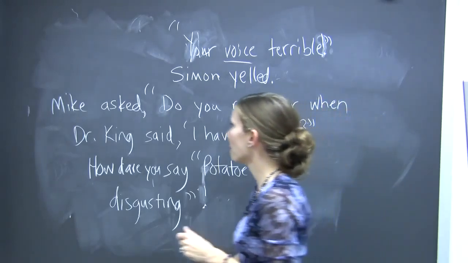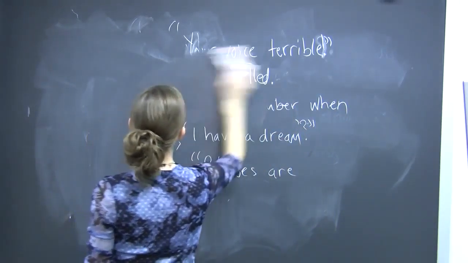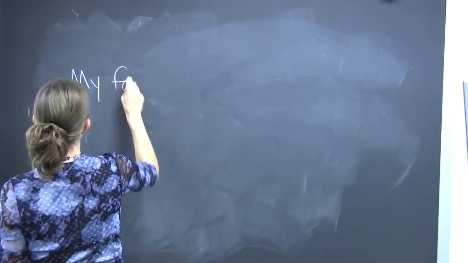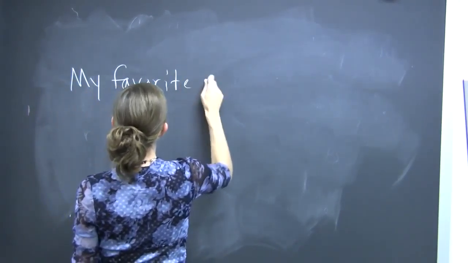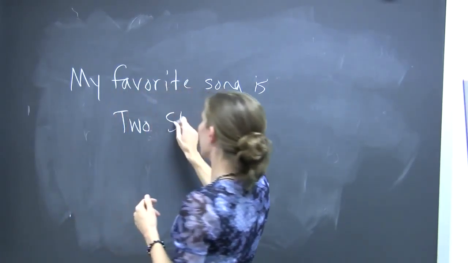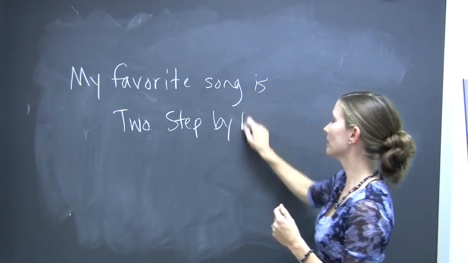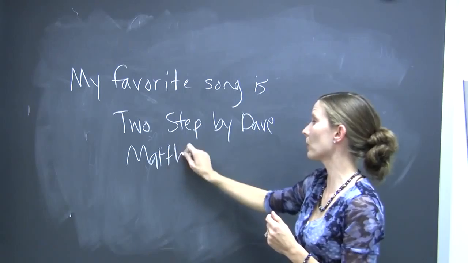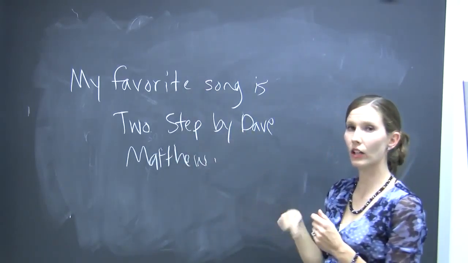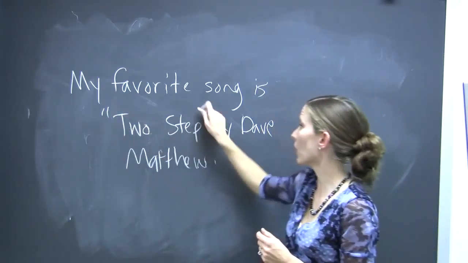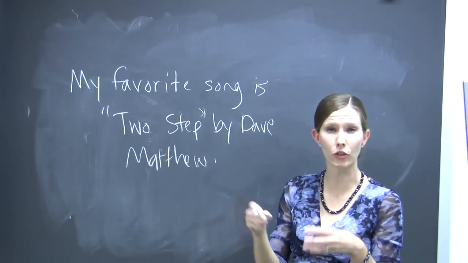So for example, if you have a song title, you mark the title by surrounding it with quotation marks. The title of the song in this sentence, my favorite song is Two Step by Dave Matthews, is Two Step. The quotes go around the title of the work because it's shorter.